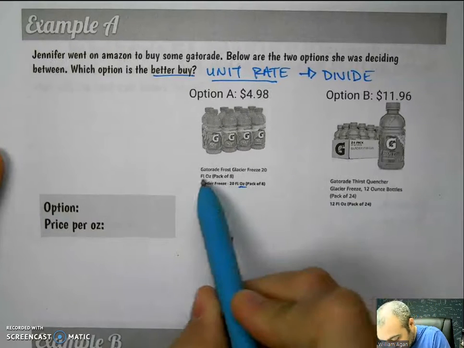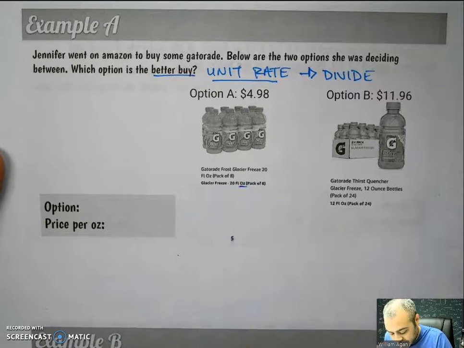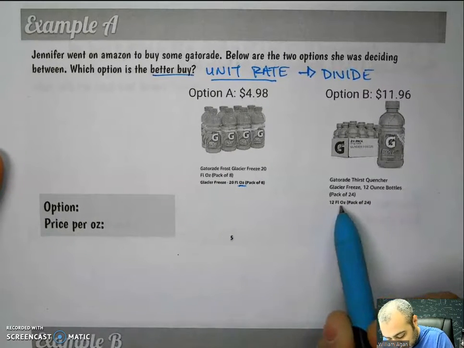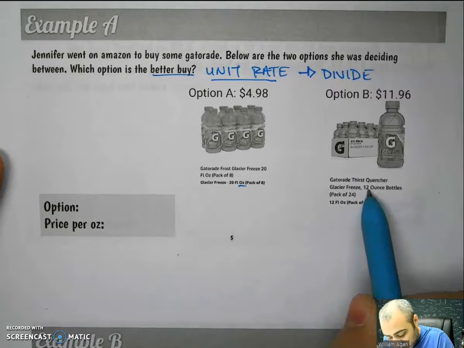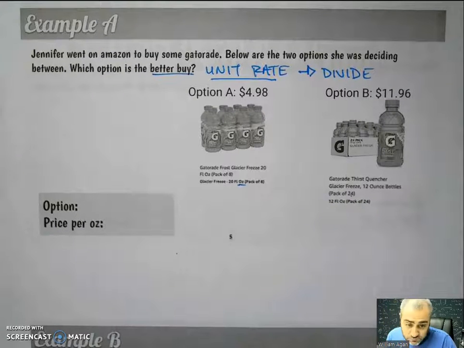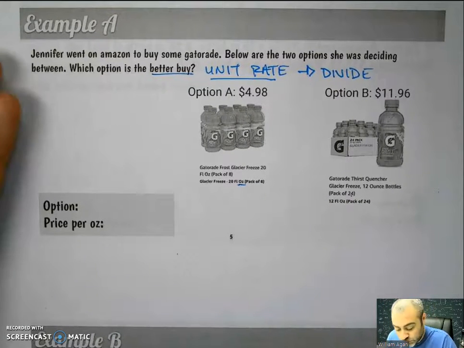This one says 20 fluid ounces for each one of these, and there's 8 of them. The other one is 12 ounce bottles, and there's 24 of them. So, first thing we need to do is find out the total amount of fluid ounces.